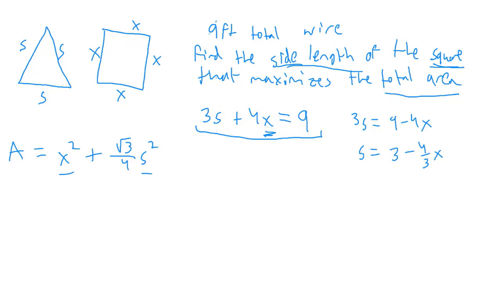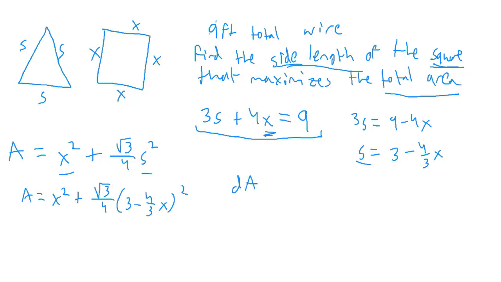Now we can plug this s into our area equation. We get area equals x squared plus root 3 over 4 times (3 minus 4 thirds x) squared. And now we can take the derivative on both sides. Remember, we have to set our derivative equal to 0 in our optimization problems.